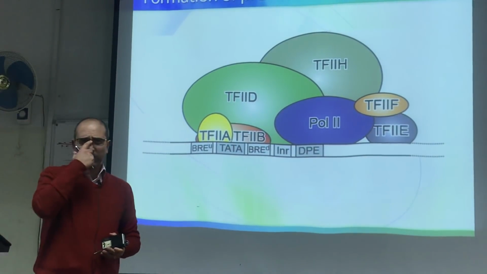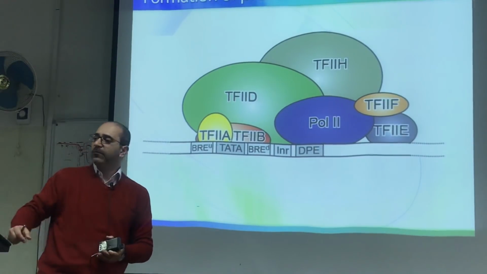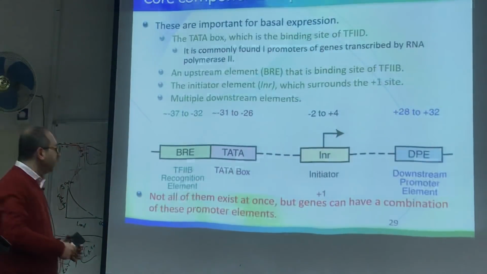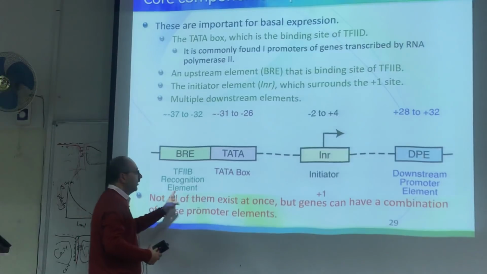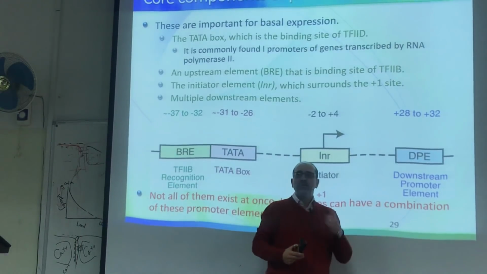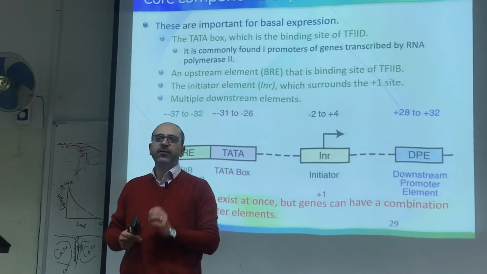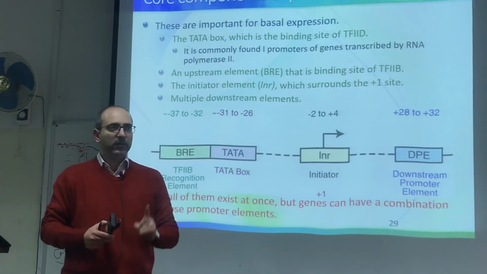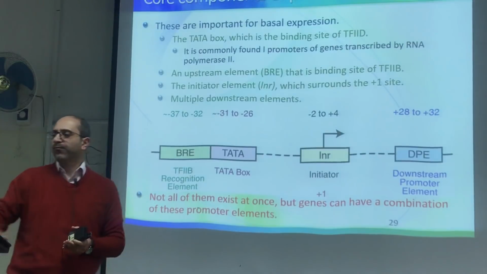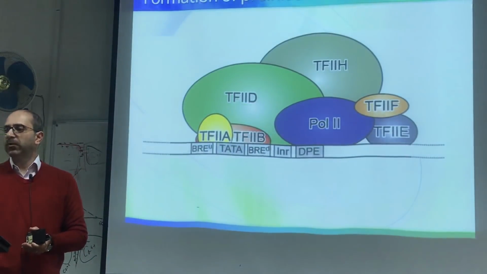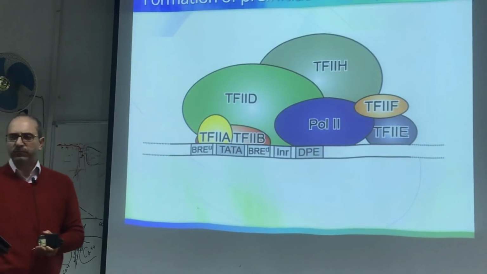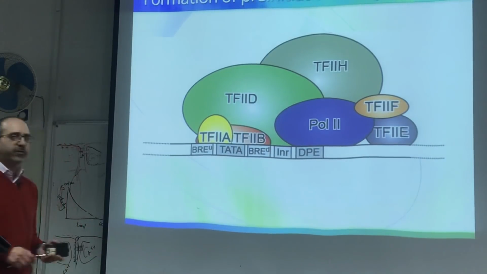Notice كمان something. نحكي على كلمة element. When you hear the word element, in molecular biology, it means a DNA sequence. Okay? It means a DNA sequence. ماشي. فبيجوا هدول كل proteins and they bind to the promoter region.